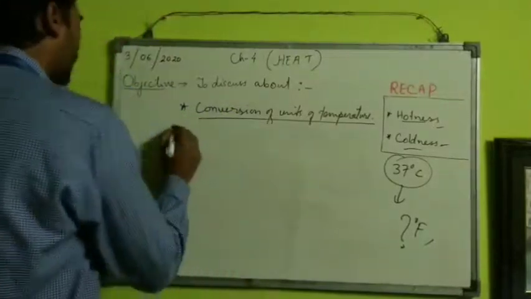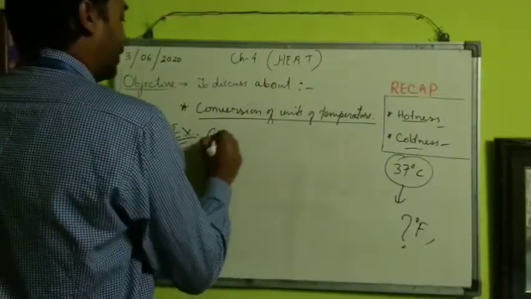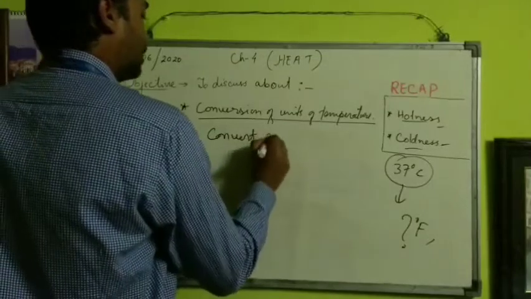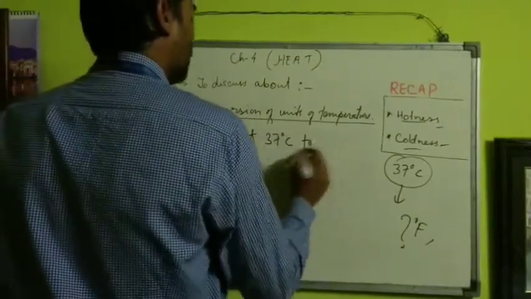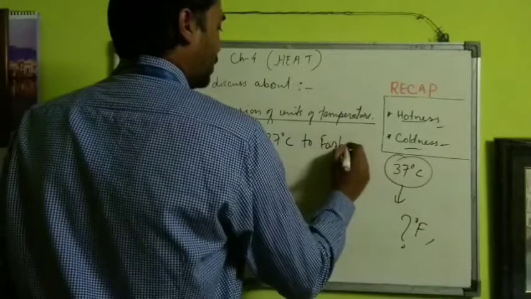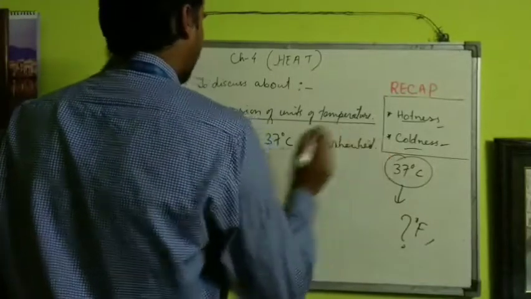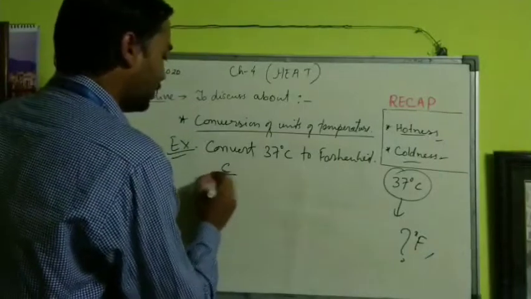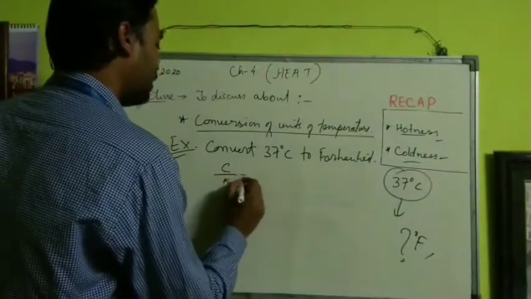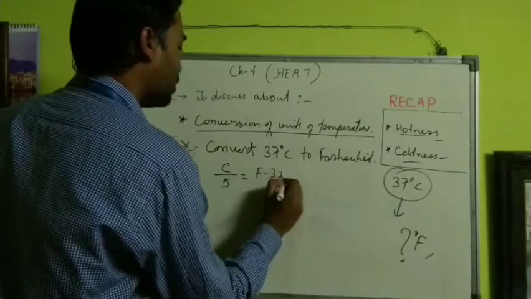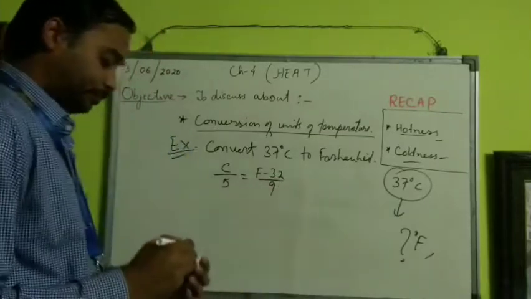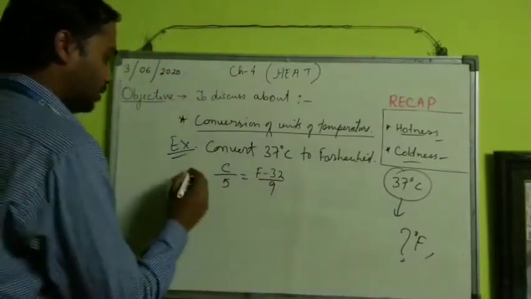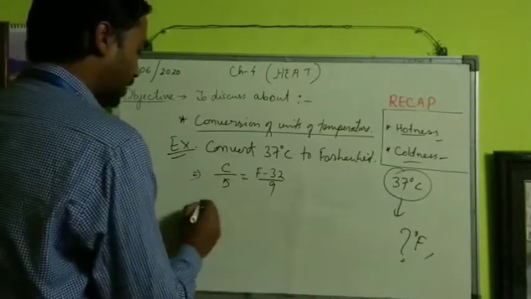Now this is an example where we have to convert 37 degrees Celsius to Fahrenheit. So to convert this, we will use only the first two parts, that is C by 5 equals F minus 32 divided by 9. So here, what is the value of C?